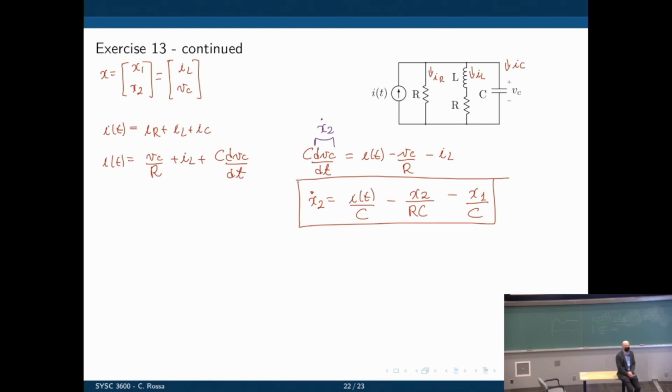How can you get in an equation the derivative of IL? The voltage across the inductor is proportional to the derivative of IL.